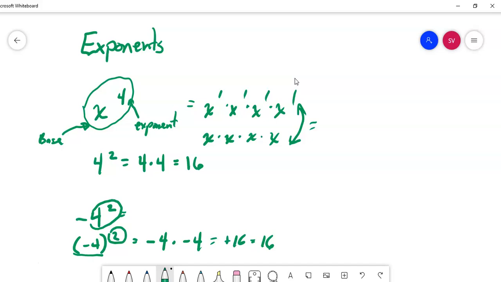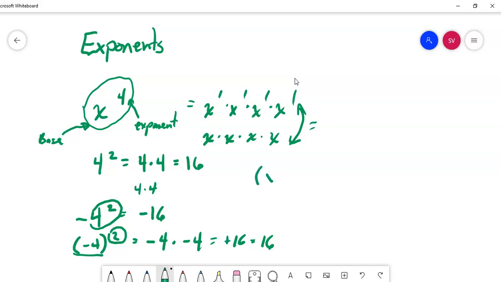So this is going to end up being 4 to the second, which is 4 times 4, or 4 to the first times 4 to the first, which is 16, and then we just chalk on the minus sign in front of it. So minus 4 to the second without any parentheses will give you a minus 16, while if you take a minus and a 4 and put it in parentheses and raise it to the second power, then you end up with a positive 16. I really hope you understand that difference.